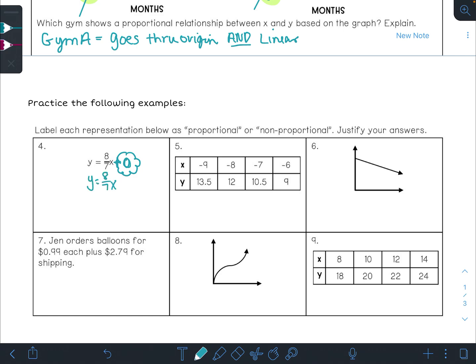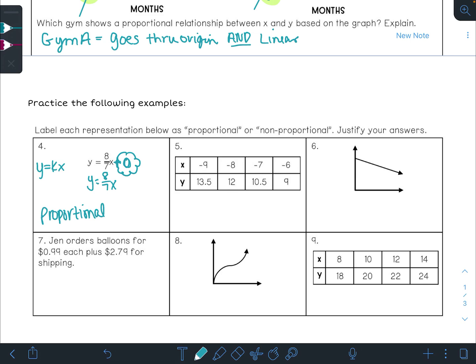So don't get fooled because sometimes they try to trick you by saying plus 0. Just know that if you add 0 on anything, it's not really changing anything. So y equals 8 over 7x. So that matches y equals kx, which is proportional, because I don't have that constant on there.